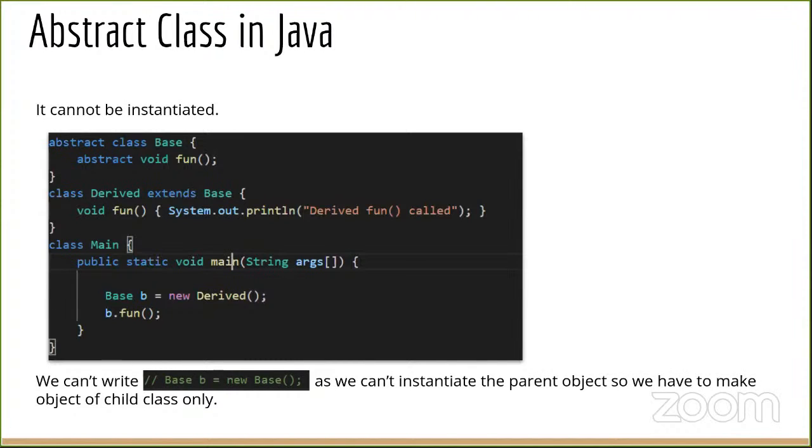In this example, I'm creating the base b, and I'm assigning it an implementation of the derived class, and then we are calling the methods of the derived class, and this will be executed and the output will be "derived function is called". Next slide.